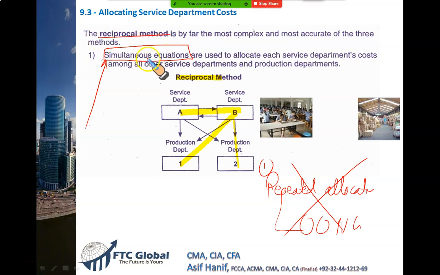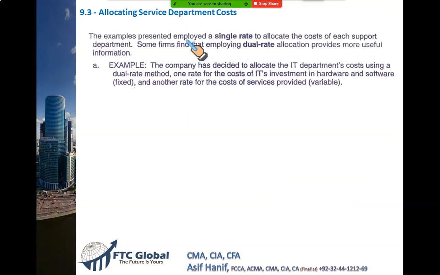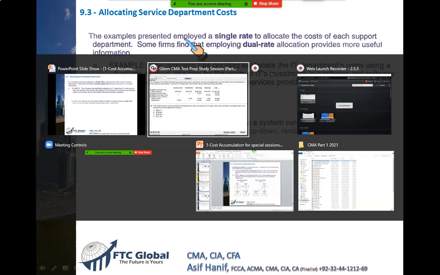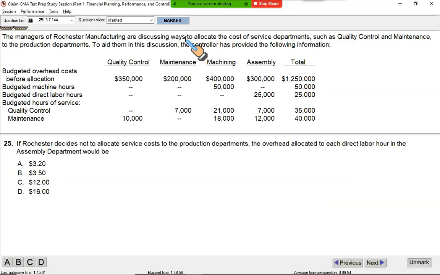So this is what we are going to use, the simultaneous equations method using the reciprocal method approach. Repeated allocation is never recommended. It's a very long method. Simultaneous equation is the second alternative for reciprocal. And then this will end our chapter completely, right? So this is the last part.